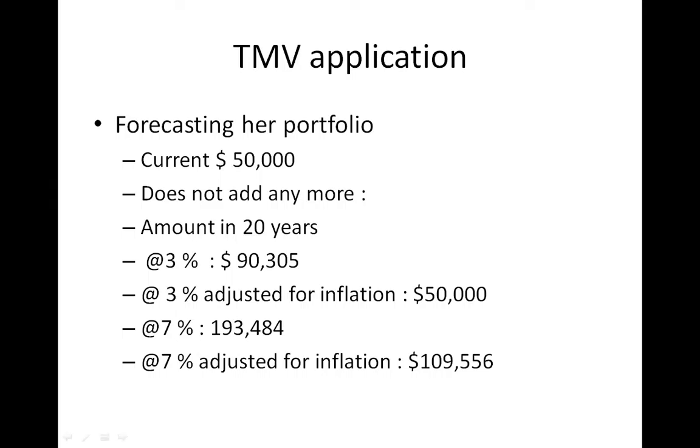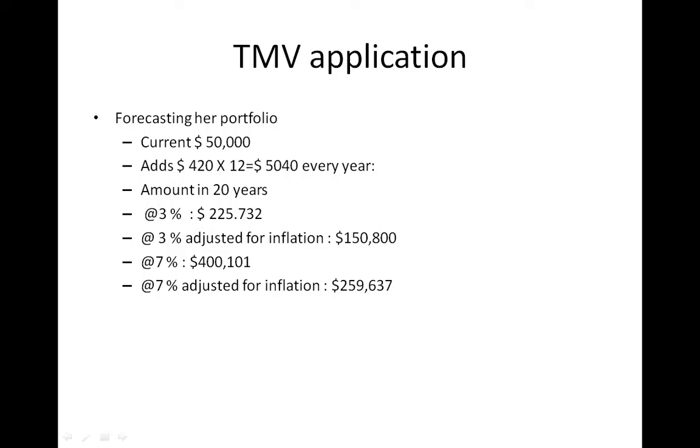Okay. Similarly, what if she has 50,000, but she also wants to add some amount every month? And let's say she's putting $420 every month, so over the 12-month period, she's putting in $5,040 every year. So now she's adding more money. How much will she have?